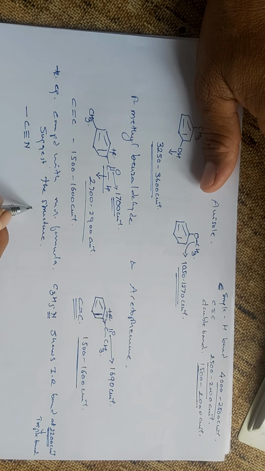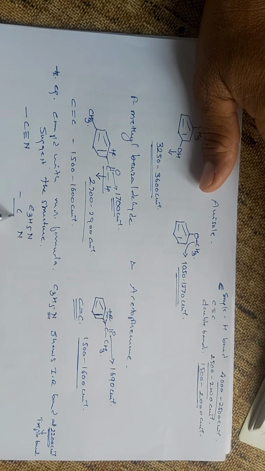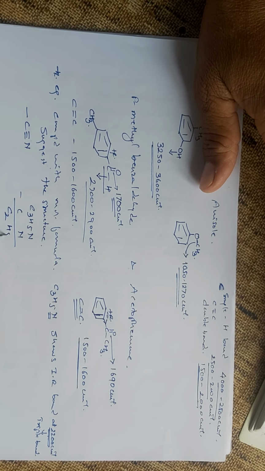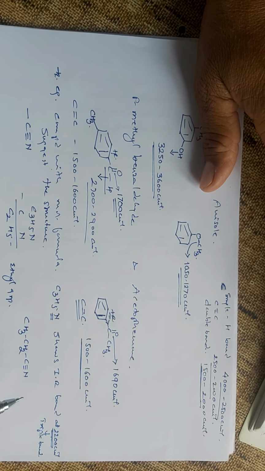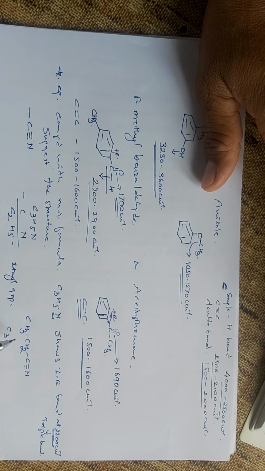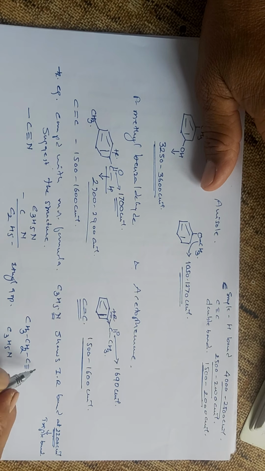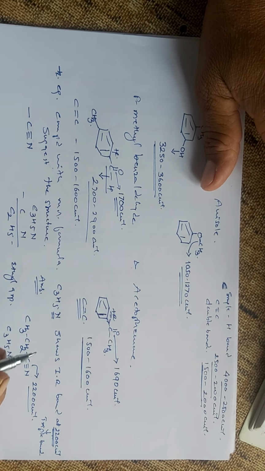So C3H5N minus one carbon and nitrogen, whatever is remaining, that is C2H5, indicates the presence of ethyl group. So CH3, CH2, C triple bond N is the structure, with formula C3H5N, and this shows the band at around 2200 reciprocal centimeter.